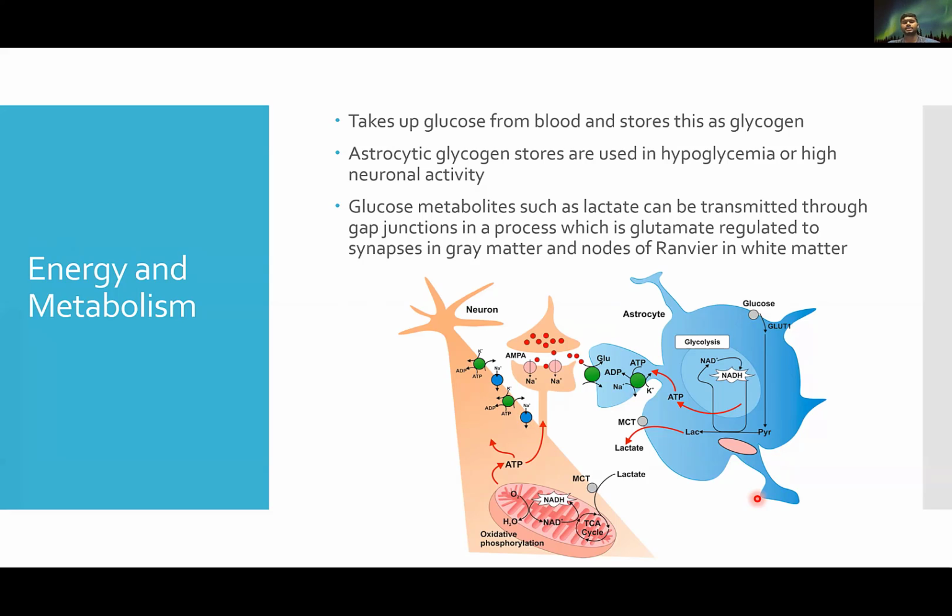Now, something that's very interesting is that the astrocyte does not give neurons this glucose. It gives it a metabolite of it, which is lactate. If you know, lactate is similar to lactic acid when you're exercising during anaerobic metabolism, due to an anoxic environment because your heart isn't able to get oxygen to those muscles.